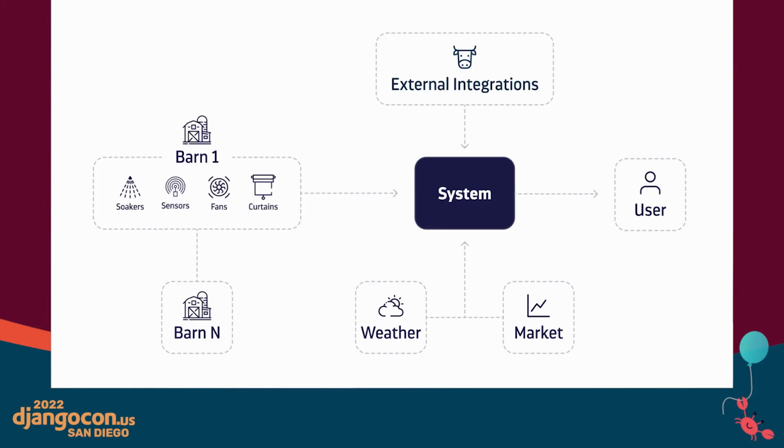The platform we built gathers telemetry data from different sources, in particular information from barns and its devices, weather information, markets, and also external integrations that provide even more data from the farms and its barns.